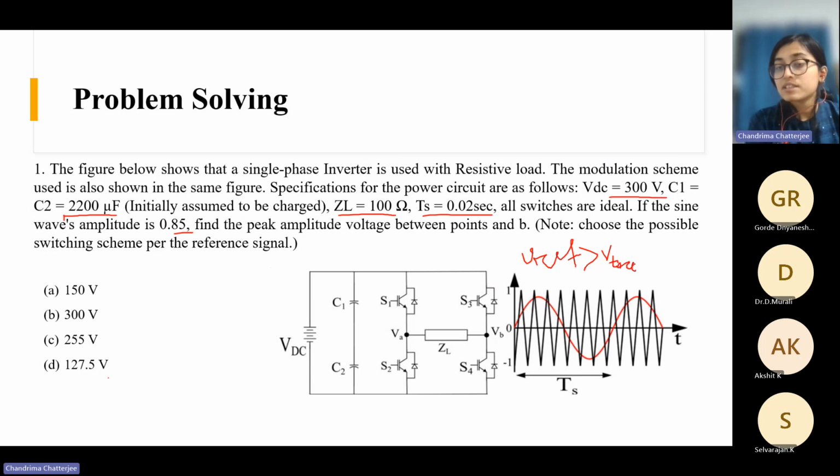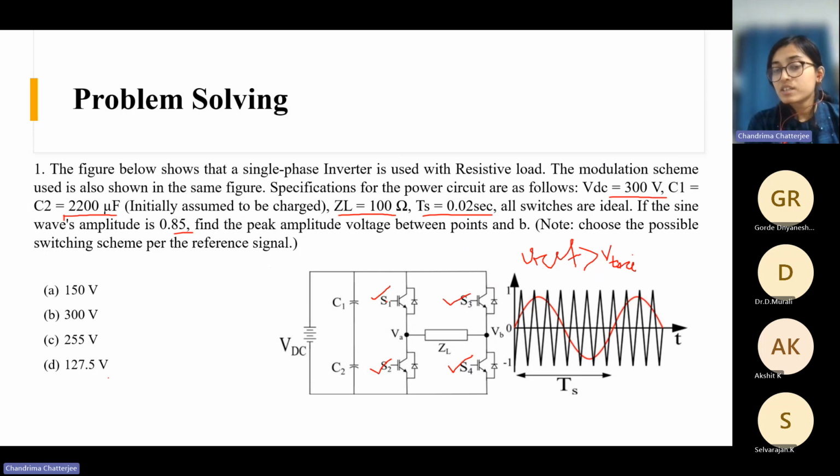In that case, S1 and S4, these two diagonal switches will be on, and complementary to that will be S3 and S2. Okay. So when this is higher than this triangular, S1 and S4 will be on, otherwise S3 and S2 will be on. Okay. So in this case, you will not get any zero level. Either the voltage across the load will be plus VDC or it will be minus VDC, right?